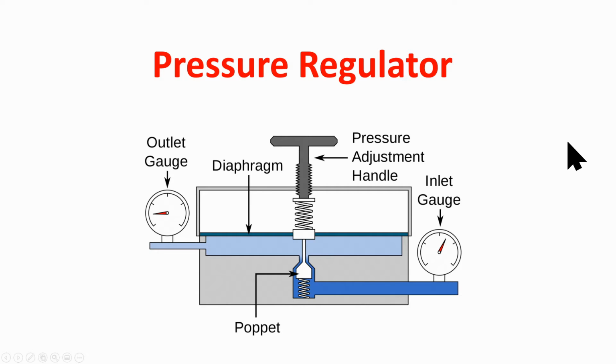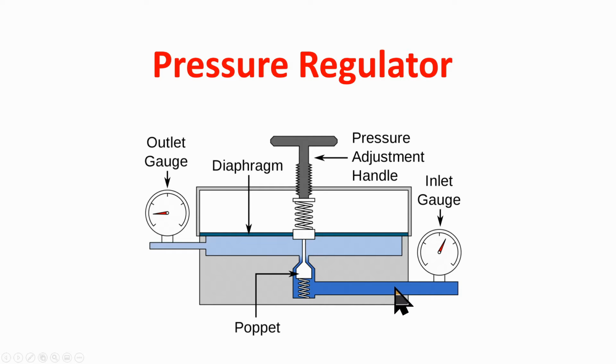A pressure regulator is something that basically reduces the pressure at the output from the pressure at the input. And this is a simple diagram of how one works. Let's say we have a high water pressure here. Basically, the regulator consists of this spring with a valve here that will cut off flow.